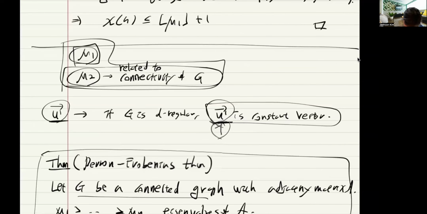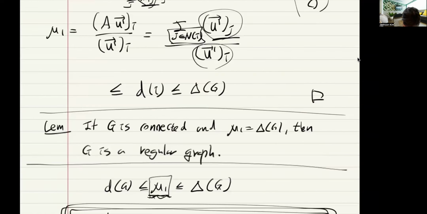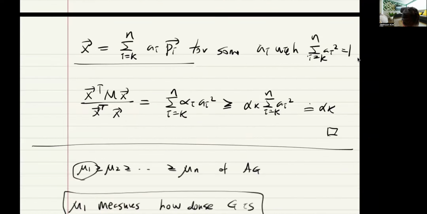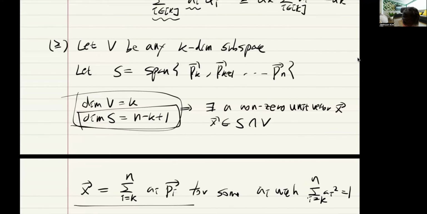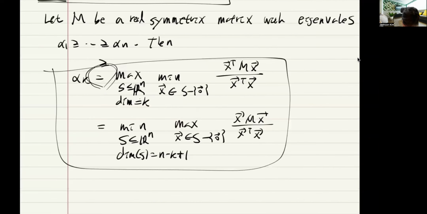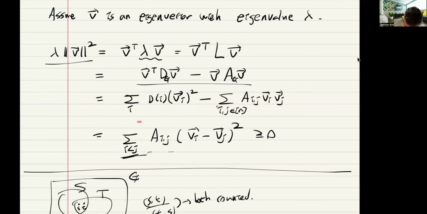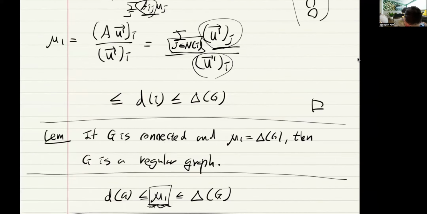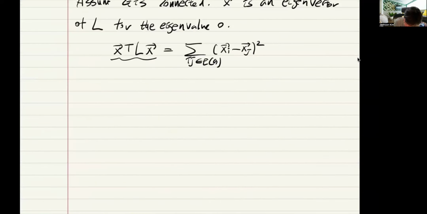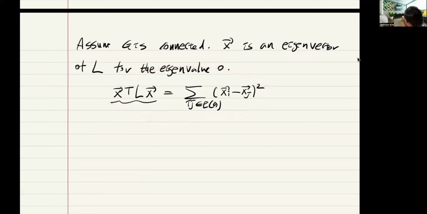This is nothing but a rewriting of what we have written before. Here, A_ij is 1 if and only if you have an edge, right? So this and this were the same. In the same way, you have this. And in that case, this is 0.